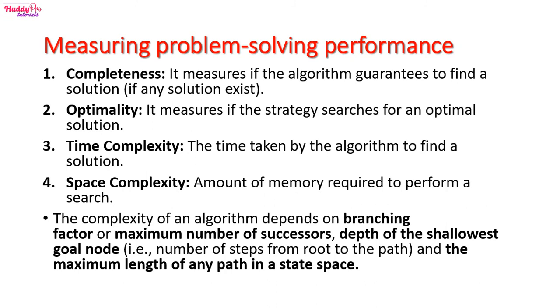So the complexity of an algorithm depends on the branching factor, or the maximum number of successors, the depth of the shallowest goal node, i.e. the number of steps from the root along the path, and the maximum length of any path in the state space. In the complexity of an algorithm, we have the time complexity, which is how long, and the space complexity, which is how much memory is required. To determine the complexity, it depends on a number of factors.